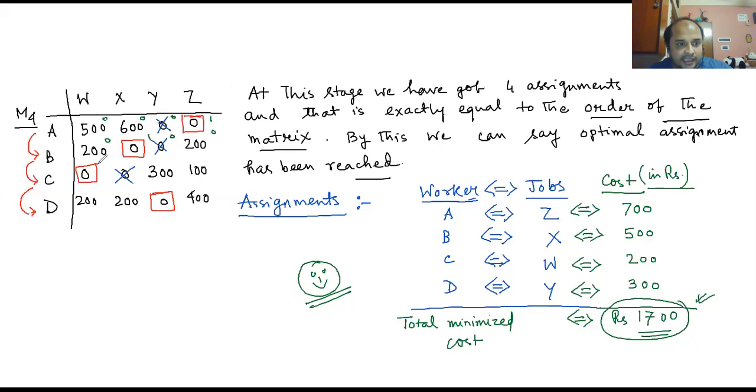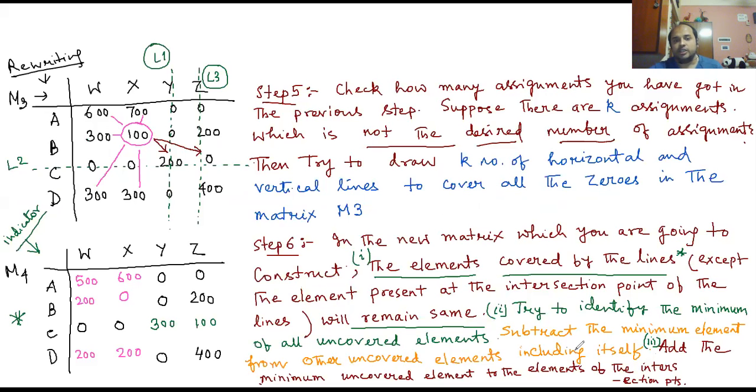When I am assigning this zero, my 1 is here and my other assignments are 0. When I am assigning this, my 1 is there, my other assignments are 0. So actually I am doing the same thing which I did in the transportation problem. I am allocating things. This is the methodology that you are supposed to follow in any assignment problem.